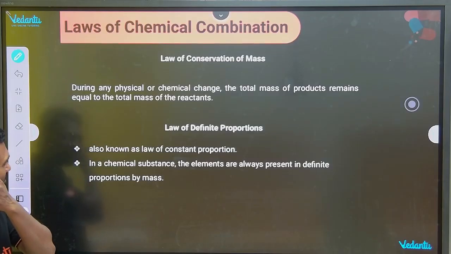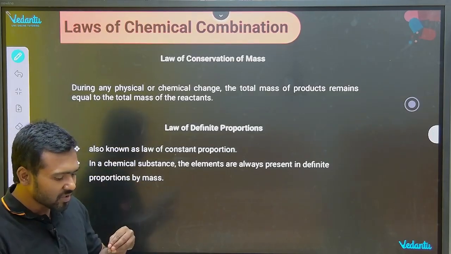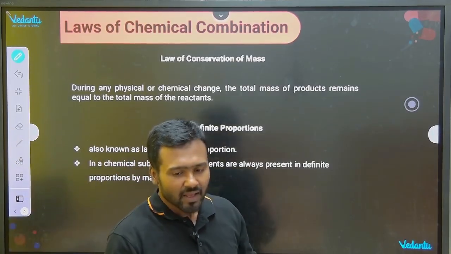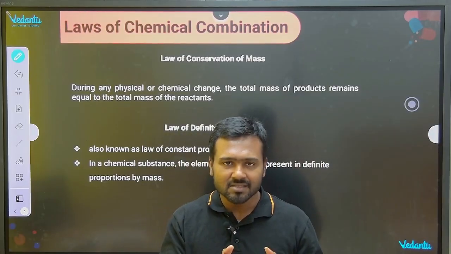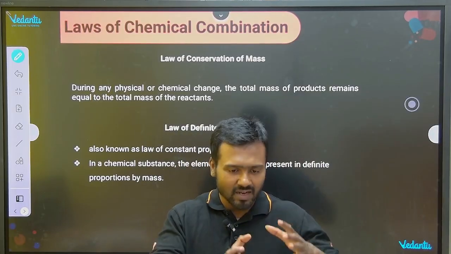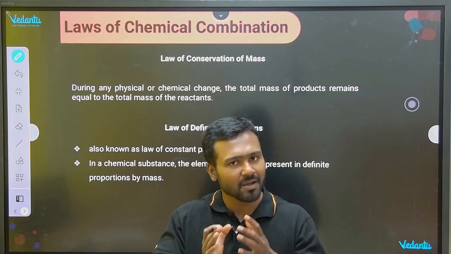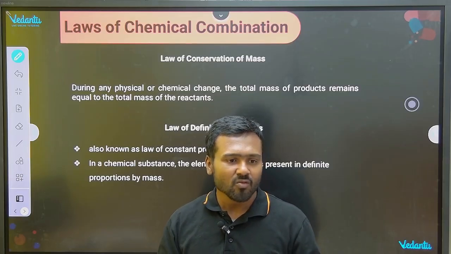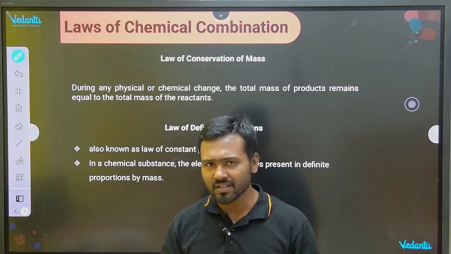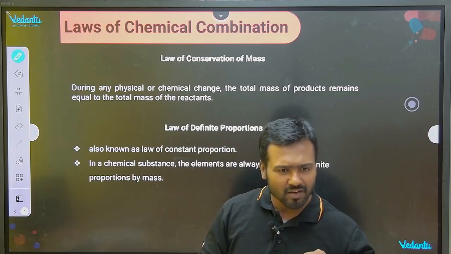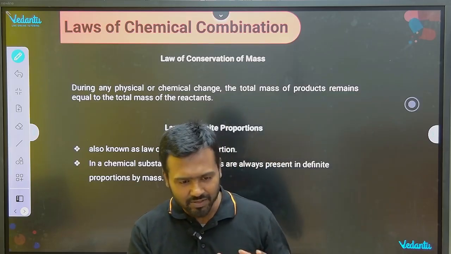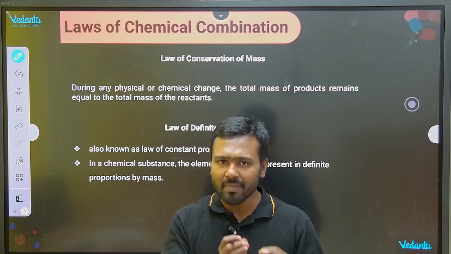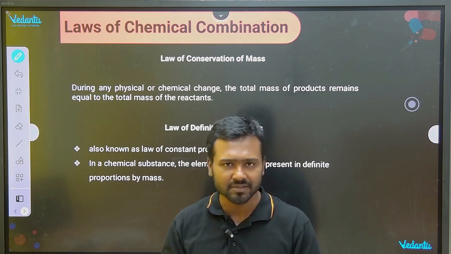And the law of definite proportion means that if you take any compound, the elements that form that compound always combine in a fixed proportion by mass. Let's take water. Whatever the source of water, wherever you get it from, it is H2O. That means hydrogen and oxygen combine in the ratio of 1:8.